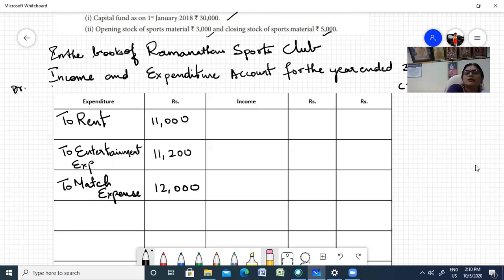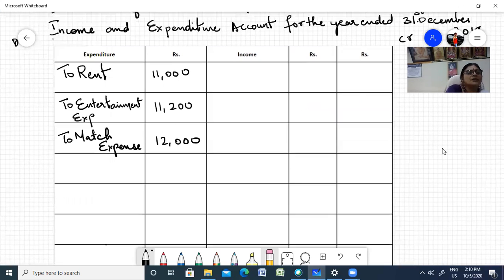And then you had the last one, that is sports material purchase, isn't it? To sports material. So what is your opening balance? Opening balance was around 3,000, right? Okay.